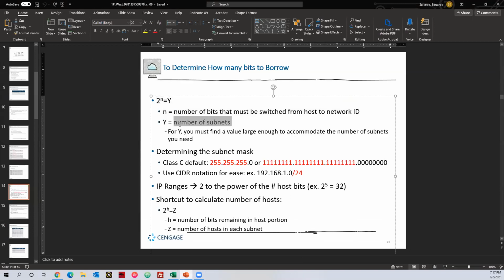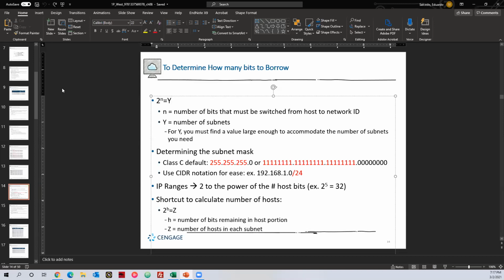You need this many subnets, then you have to do 2 to the number of bits you need to borrow to be able to create the subnets. 2 to the power of 1 is 2. 2 to the power of 2 is 4. But if y is 3, I will never land on 3. You need at least a number that either is the same or more.